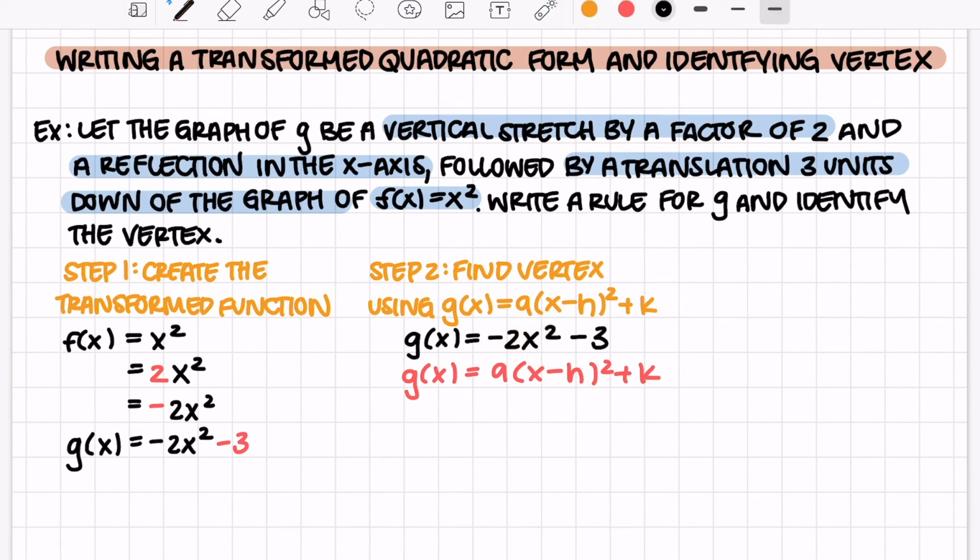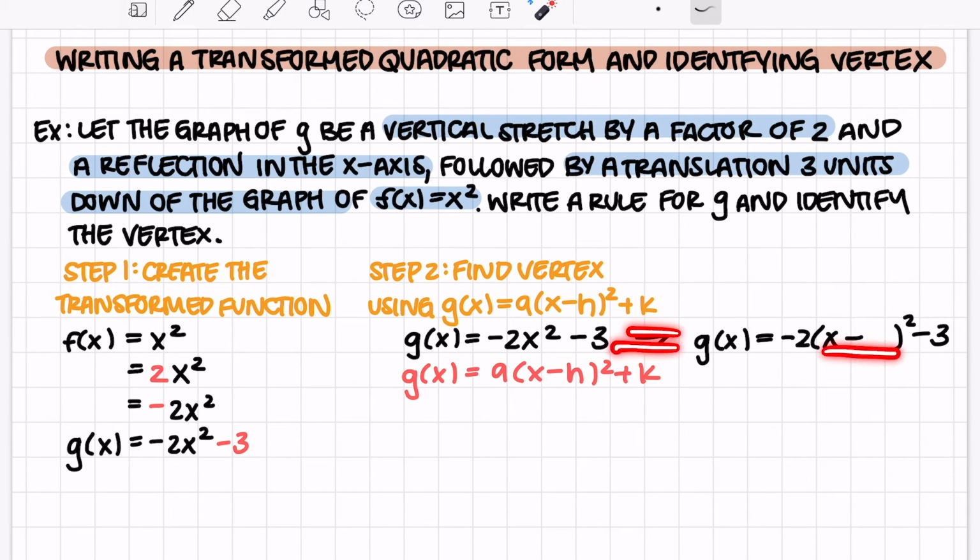So to do that, I'm going to rewrite my equation to negative 2 and then x minus a number to the power 2 minus 3. Now, I still want to keep this the same equation, even if we rewrite this. So if I were to create the same equation, I would just add a 0 in there because that wouldn't change my original equation here.